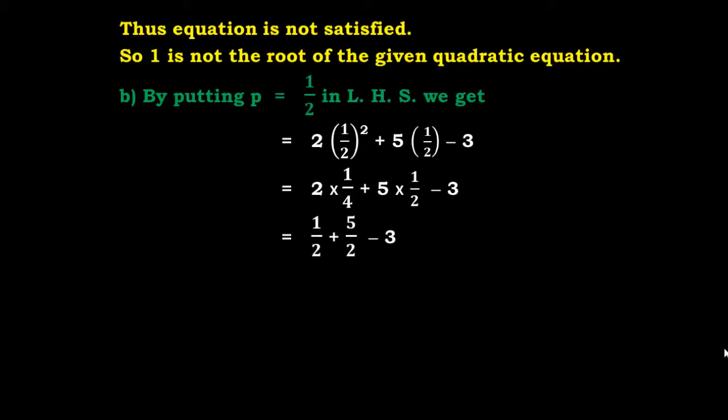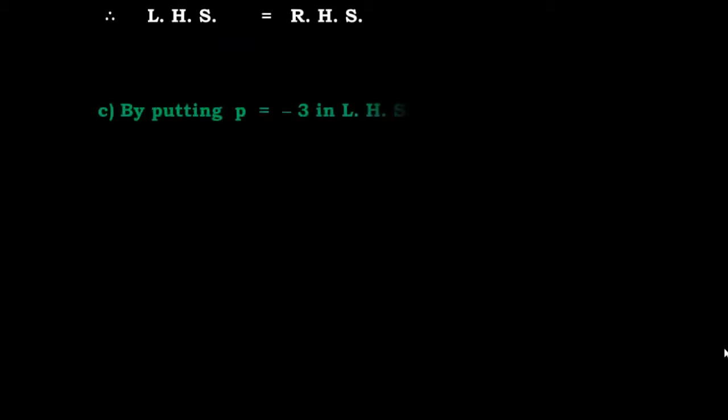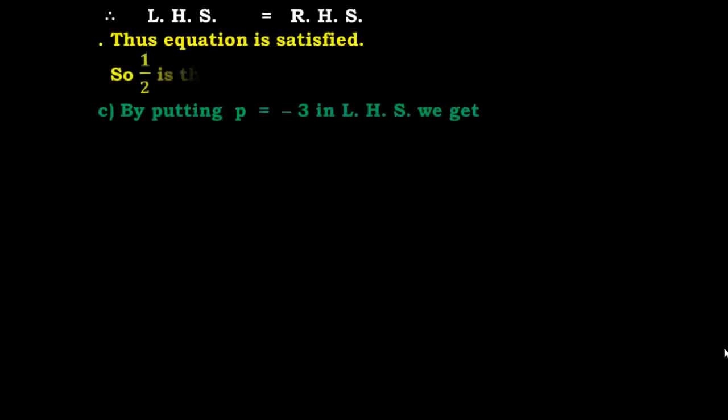See, denominator 2 is the same. So 1 plus 5, 6 upon 2 minus 3. 6 upon 2 will become 3. 3 minus 3 equals 0. That means LHS is equal to RHS. Thus the equation is satisfied. So 1 upon 2 is a root of the given quadratic equation.